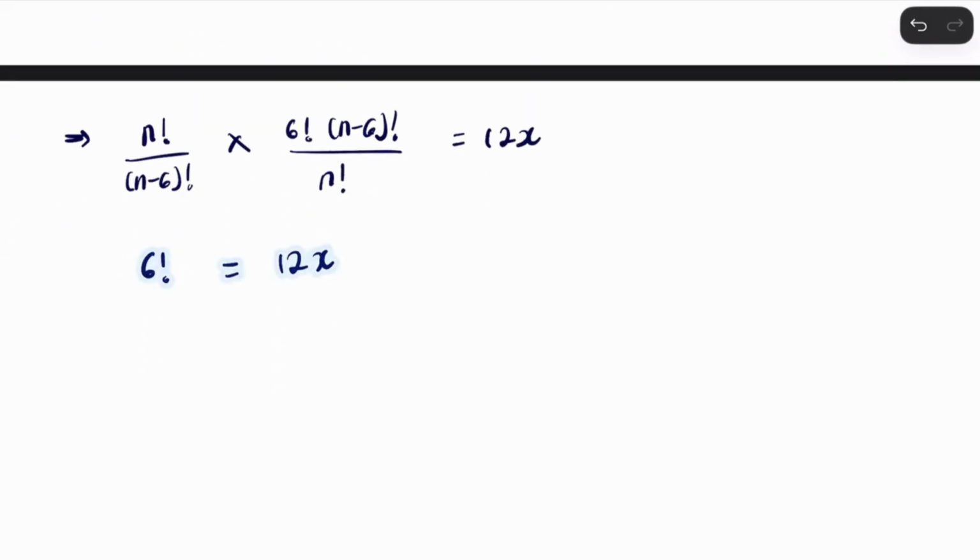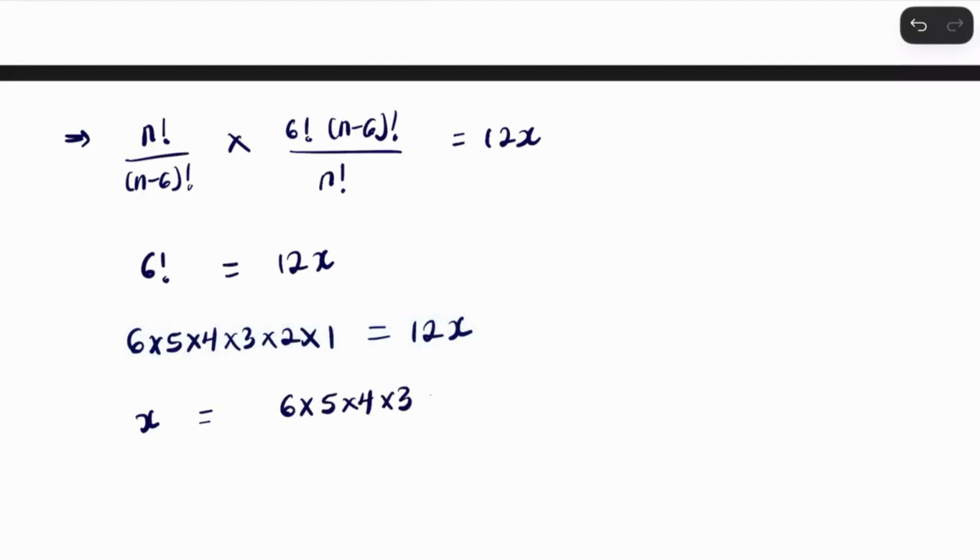6 factorial gives us 6 times 5 times 4 times 3 times 2 times 1 is equal to 12x. Then we divide through by 12. That's x is equal to 6 times 5 times 4 times 3 times 2 times 1 divided by 12. 6 times 2 is equal to 12, and so these two will cancel out this 12.